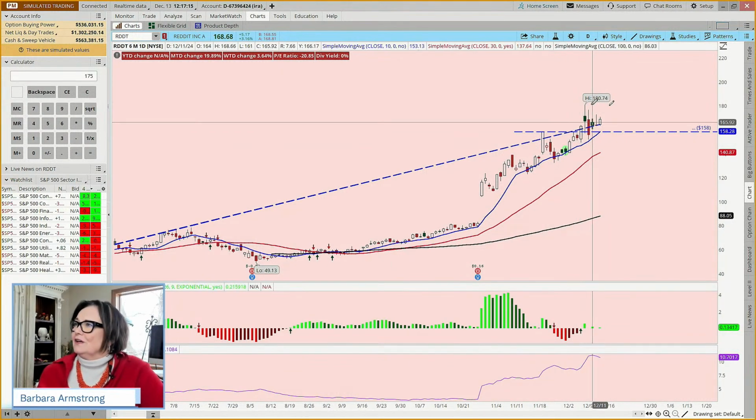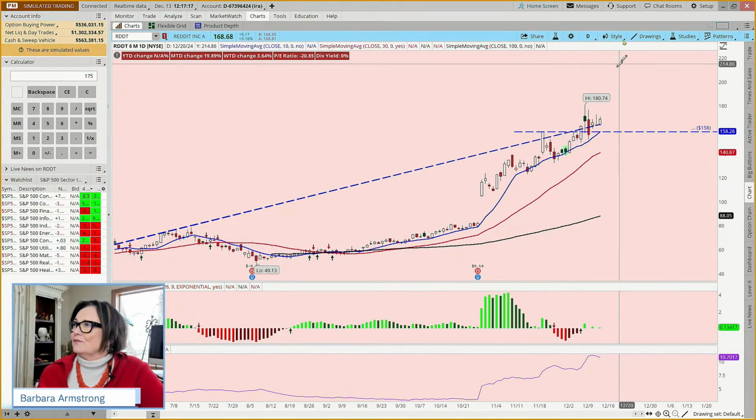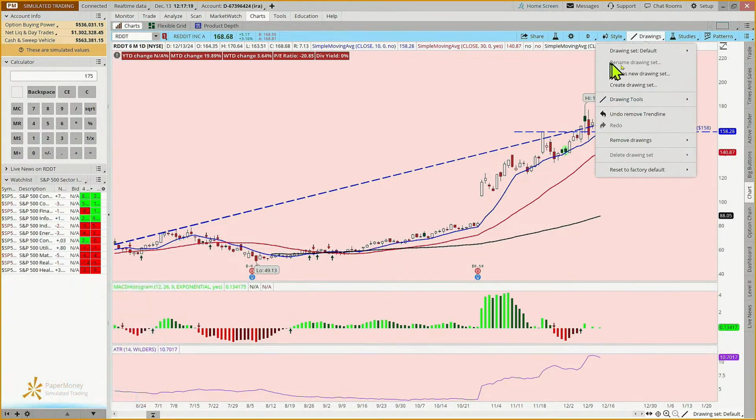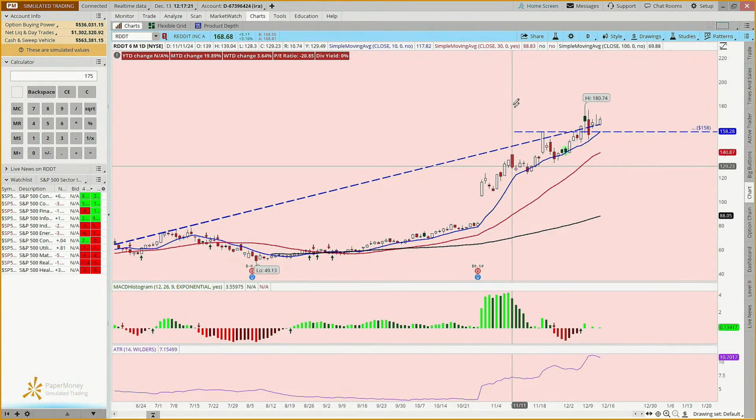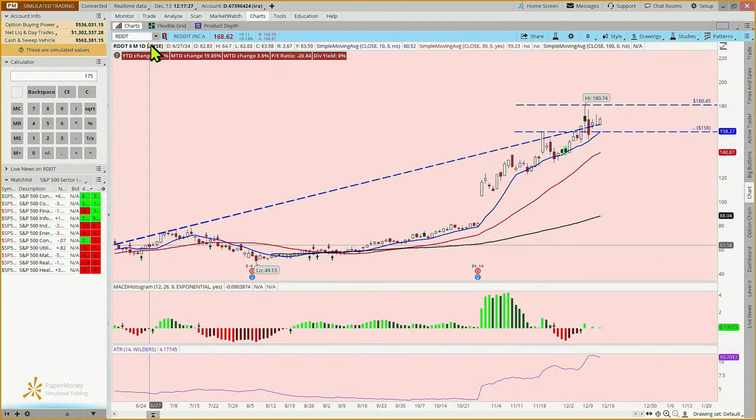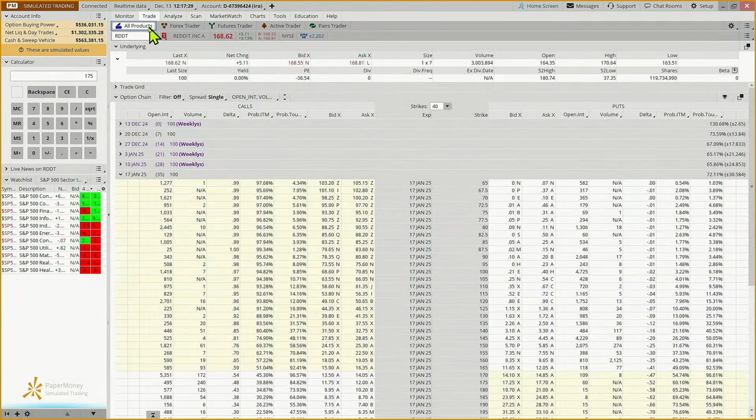So could we come out here and maybe sell something around this 180, sell a call, buy 100 shares of stock, or we could even make it 175. So let's go and look at this. If we come to the trade tab, does this trade more than 1 million shares a day? Yes.